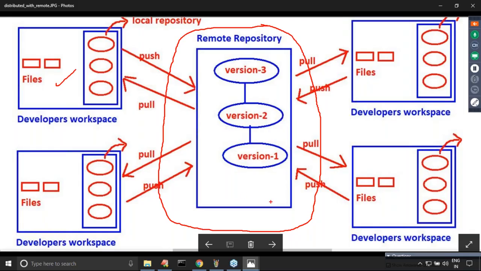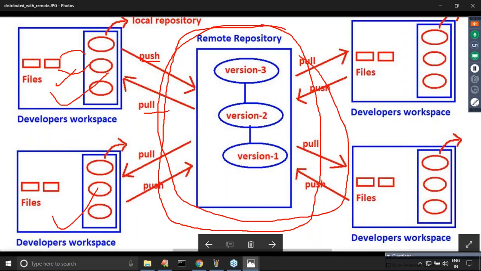We use this remote repository for that, and beyond that, nothing, sir. Commit and checkout operations are all happening locally only. Only push and pull operations are performed remotely. So that's all.